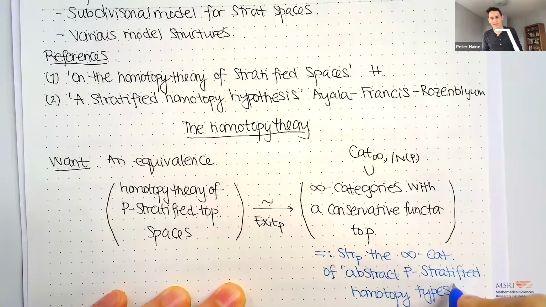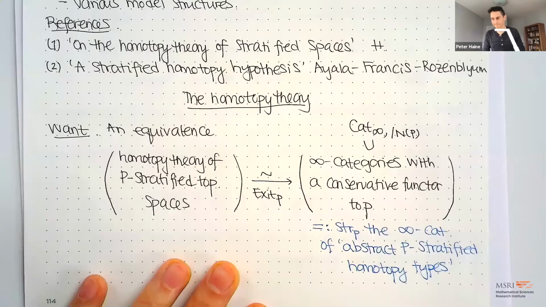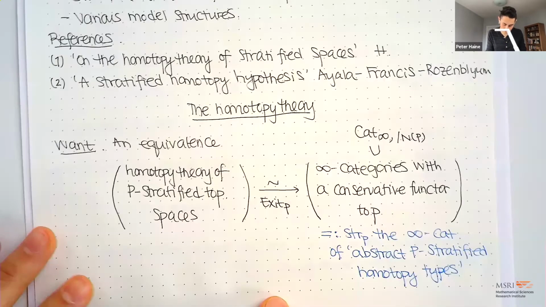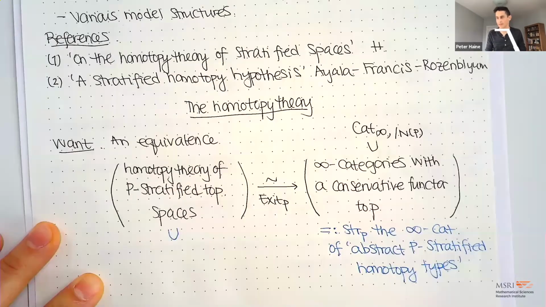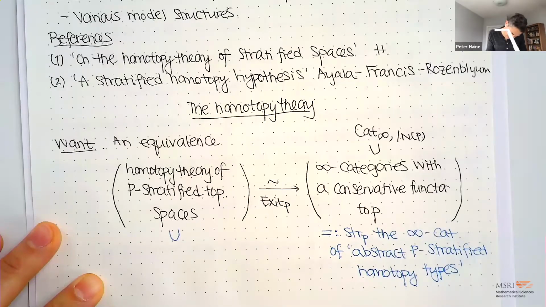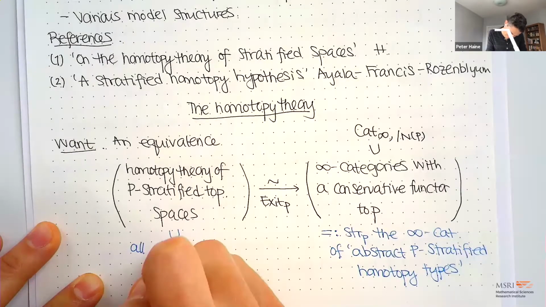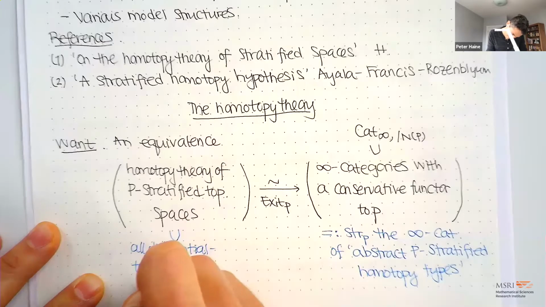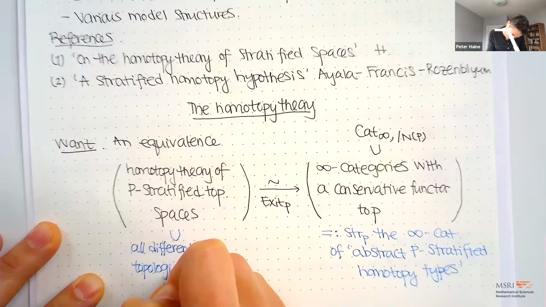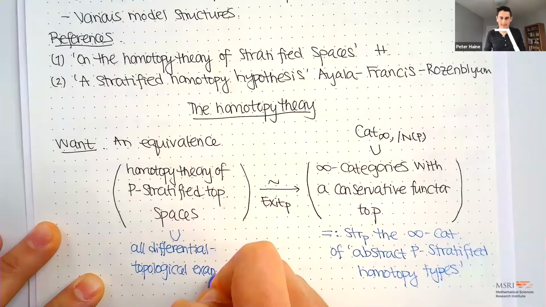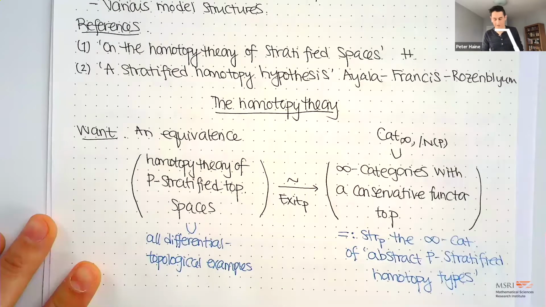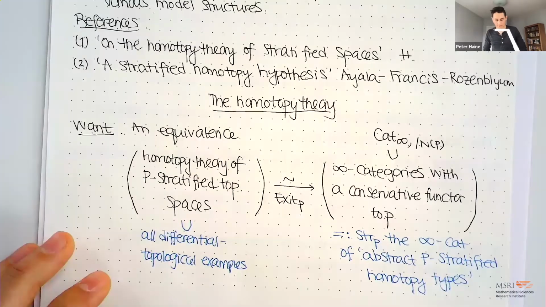And so in an ideal world, you would want something like this, and you want to be contained in here all differential topological examples, like these topologically stratified spaces of Goresky-MacPherson and Whitney stratified spaces and all of this sort of stuff.